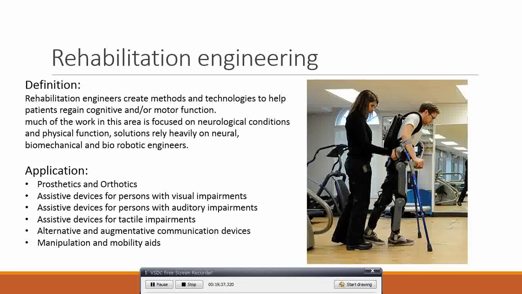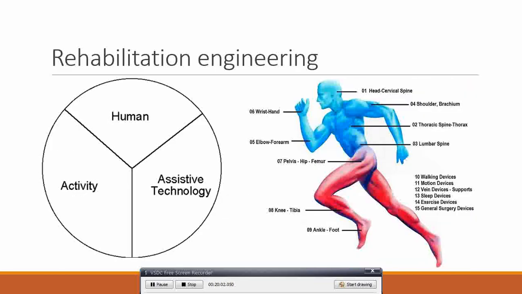And then people also have developed this assistive device for tactile impairments, alternative and augmentative communication devices, dan manipulation and mobility aids. So banyaklah dalam rehabilitation ni, banyak benda yang biomedical engineers ni dia boleh membantu.